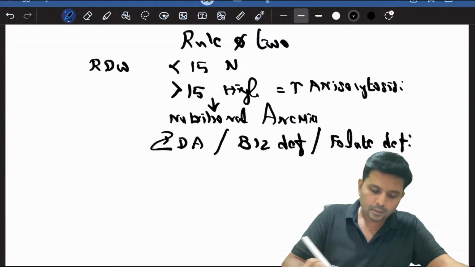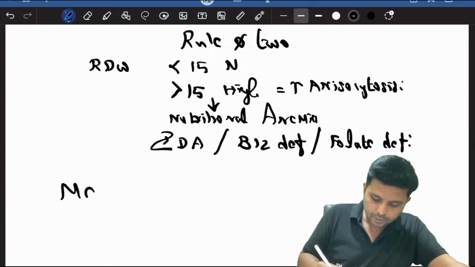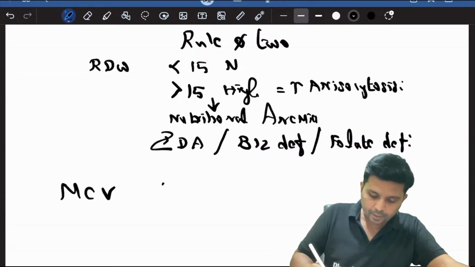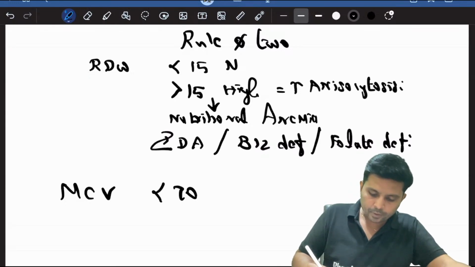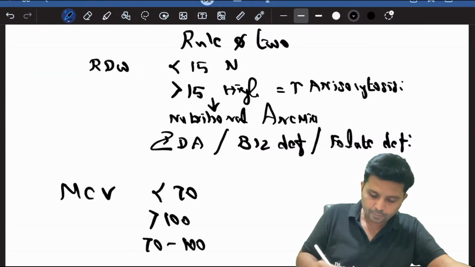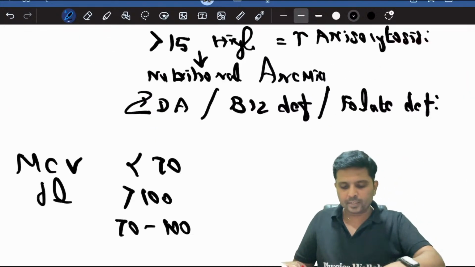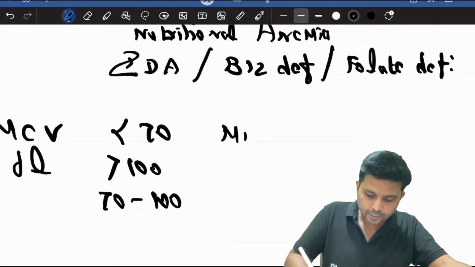Second is look for MCV. It can be less than 70, or more than 100, or 70 to 100 femtoliters. Less than 70, microcytic anemia.